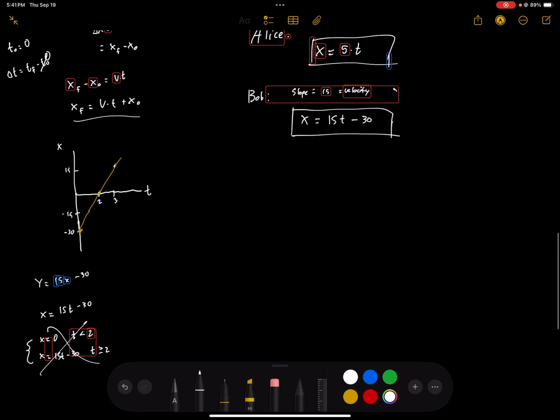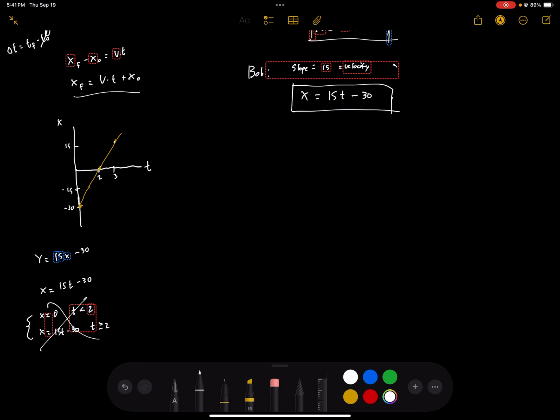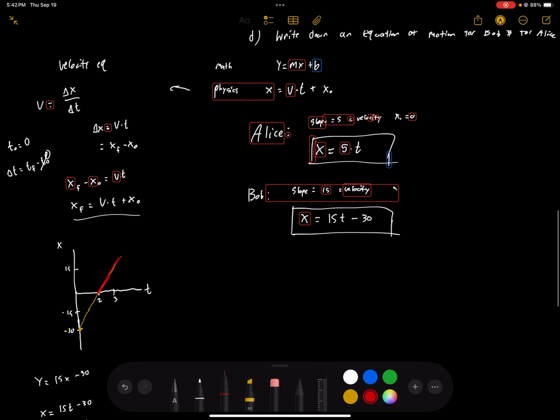I extended the line from t equals 2 to t equals 0, even though he wasn't physically moving. It wasn't that he kept a constant velocity. We're just going to do that for the purposes of writing an equation that represents this line, right? So we care about this line here, okay? Basically all I'm doing is extending this line out so I can work with the equations, all right? And so these are the equations of motion.